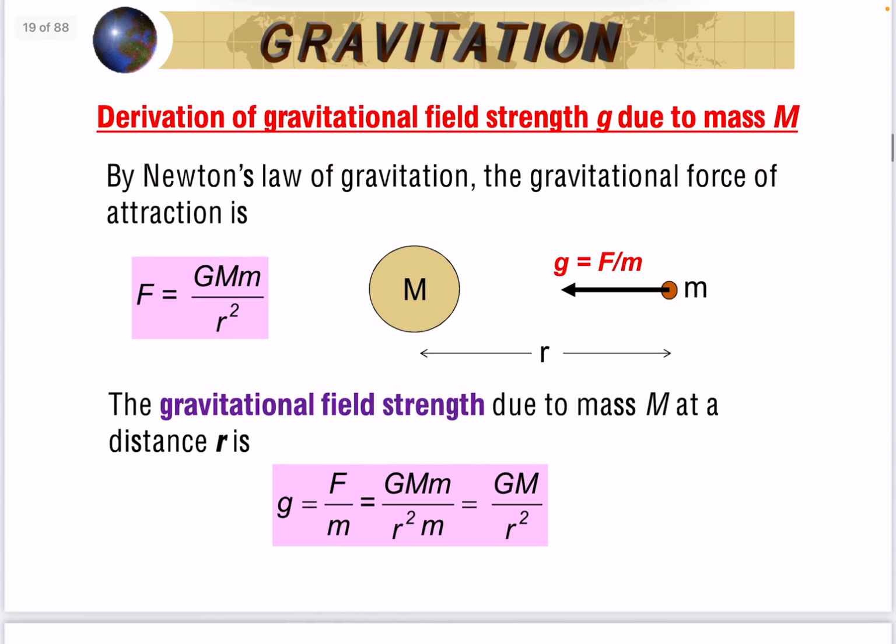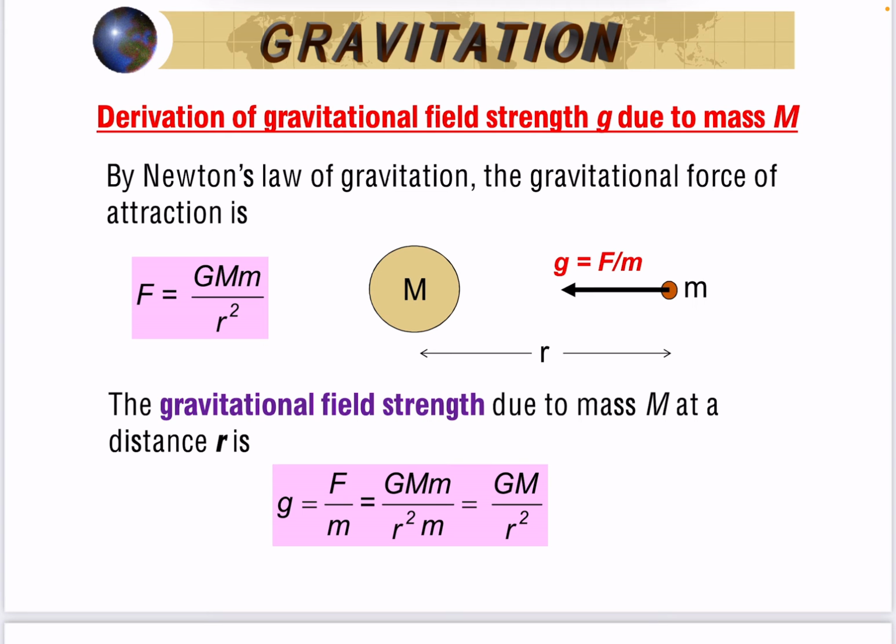And we can even derive the formula for g. Looking at Newton's law of gravitation, F equals GMm over r squared, you can divide by the m, because the m is the mass in question.